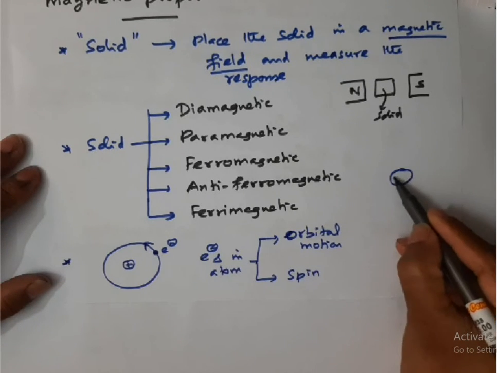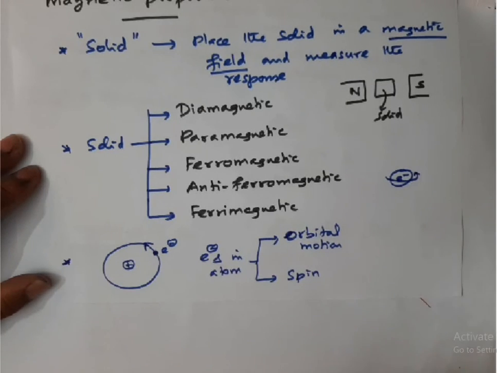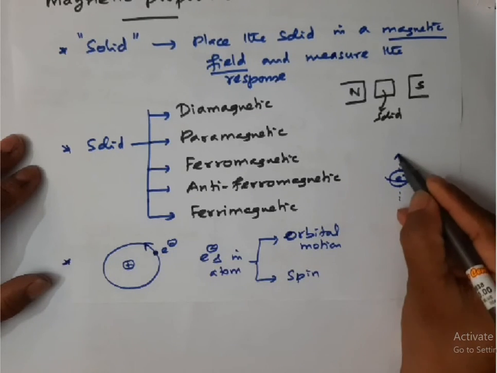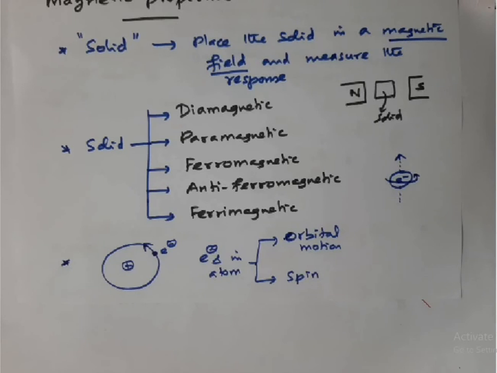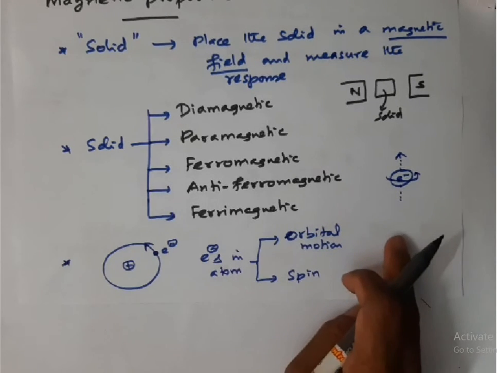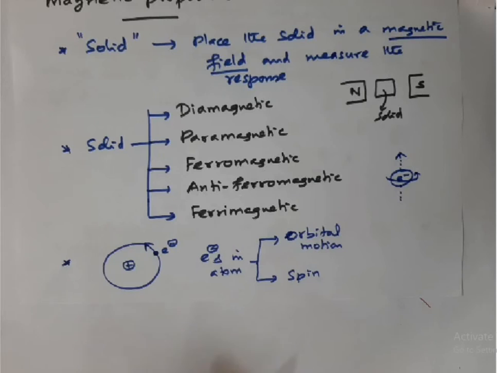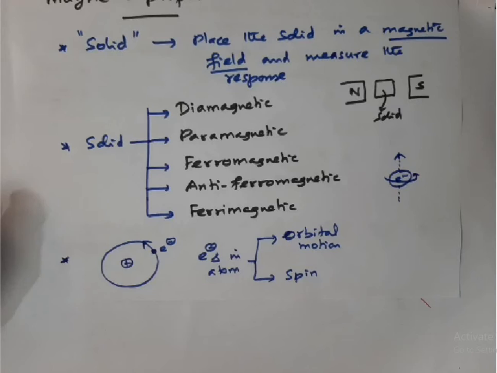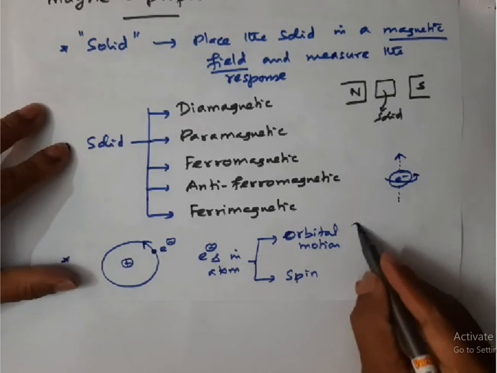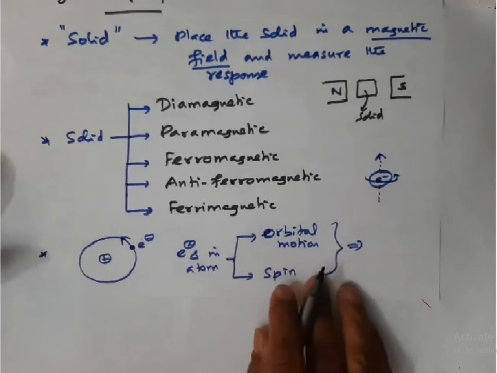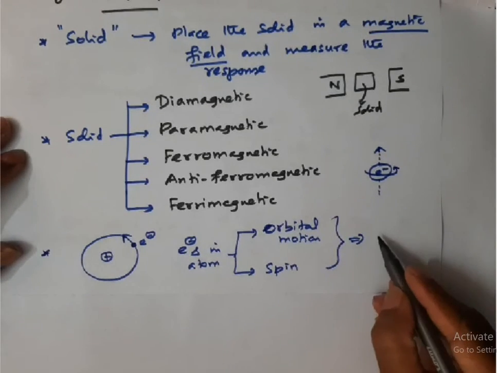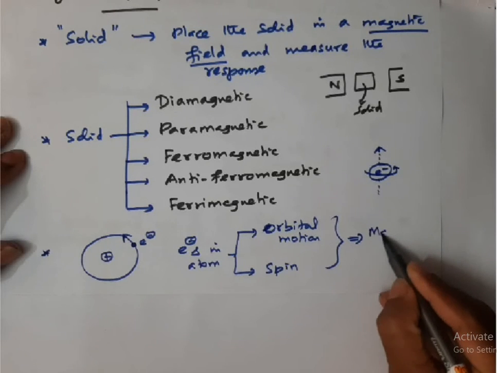The electron will spin about its own axis. So this is the axis of spin. This motion is called spin. Whether the electron makes orbital motion or spin motion, both will produce a magnetic field, and that magnetic field is measured by a quantity called magnetic moment.